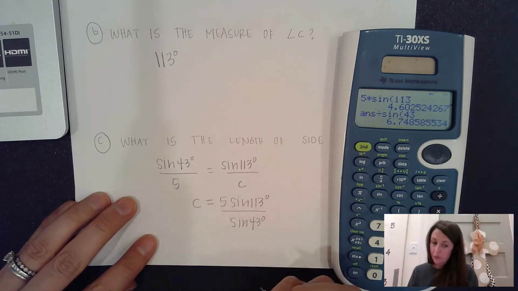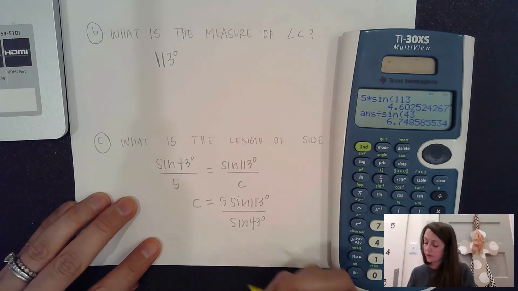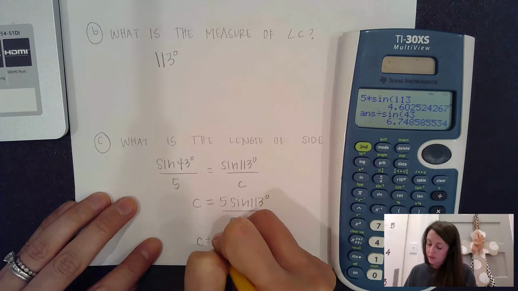So it'll be what, 6.7? 6.8? Let's call it 6.8.